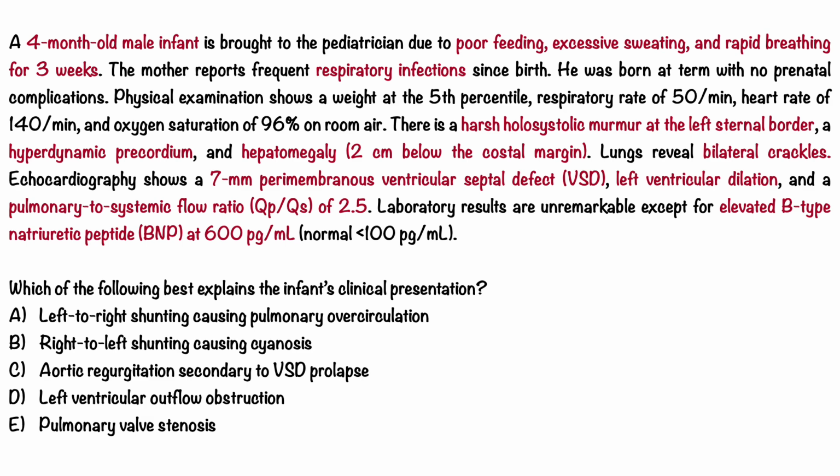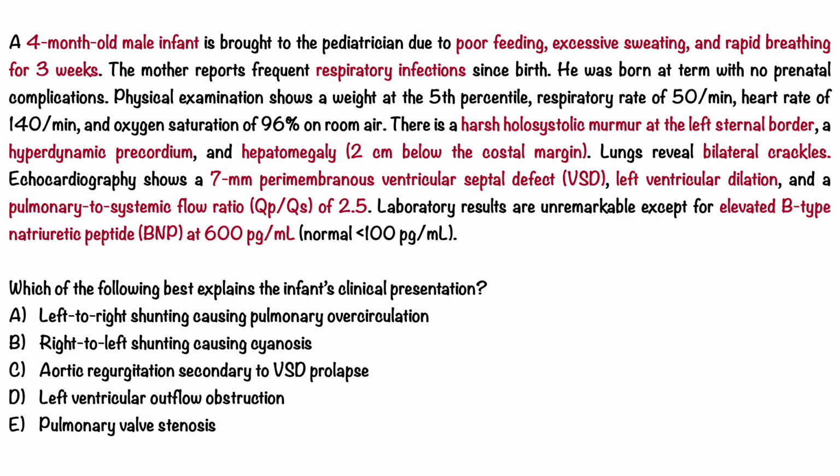Left to right shunting. Because there is a ventricular septal defect, there must be left to right shunting in the initial phase, if it hasn't developed Eisenmenger syndrome, right? So causing pulmonary overcirculation. This might be the case. Let's see other options, which are right to left shunting causing cyanosis. There is no sign of cyanosis in this case, so this might not be the case.